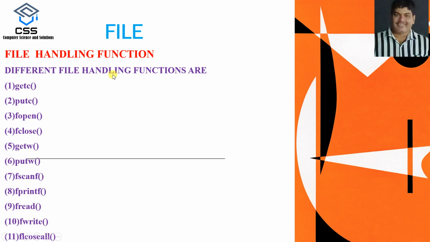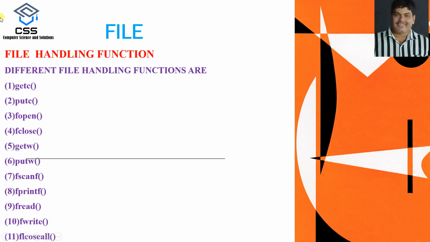What functions do we have to discuss? getc, putc, fopen, fclose, getw, putw, fscanf, fprintf, fread, fwrite, fcloseall. Like this, many other functions operate on files. We will discuss them one after another in the next classes.